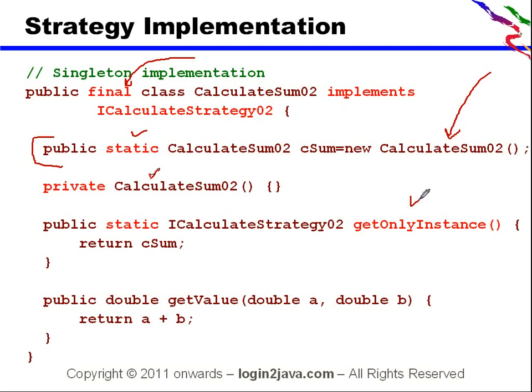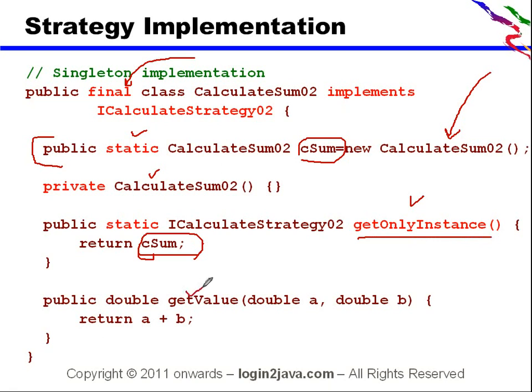And then we have a static method that will return the only instance. This is the instance that will be returned, the only instance. So you cannot use the new keyword. Instead, you have to use getOnlyInstance, and it will give the only instance available for that class, and it will not allow you to create any other instance.